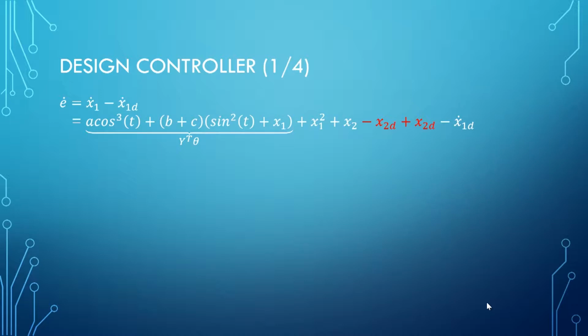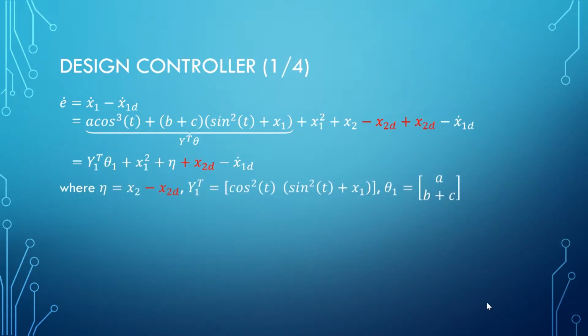We define the tracking error e, which is the mismatch between x1 and the desired trajectory x1d. So here is fine. And in this system, we introduce y1 and theta 1, where theta 1 involves every unknown parameter a and b plus c.